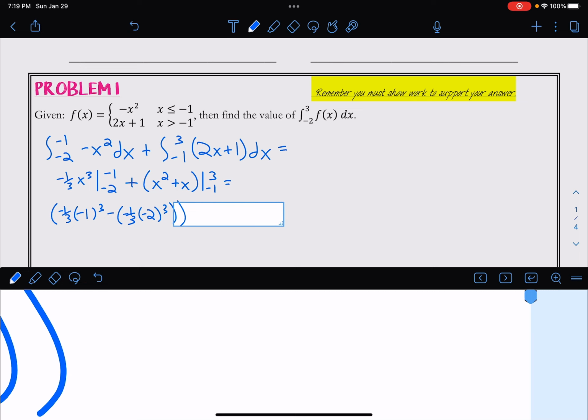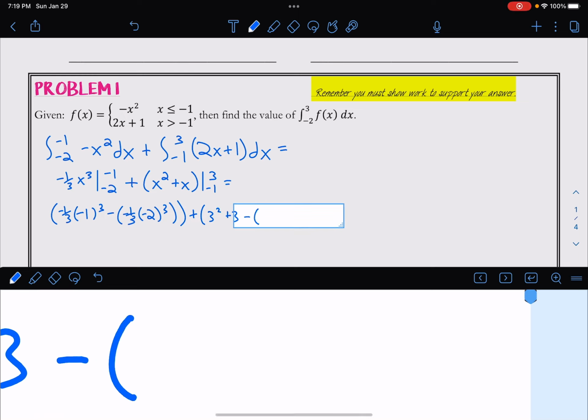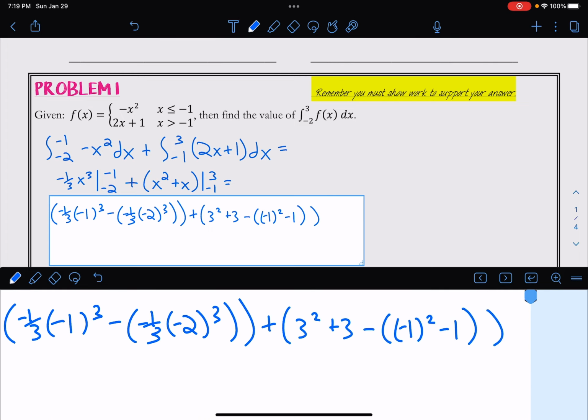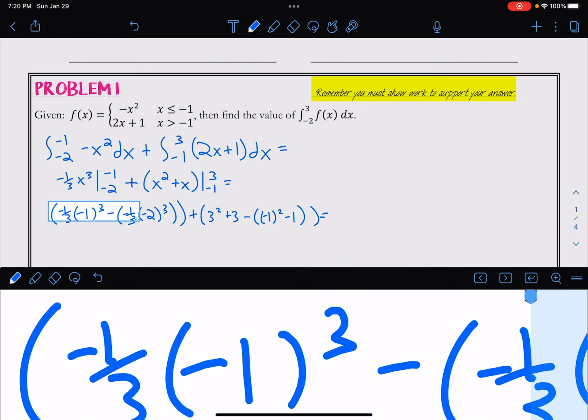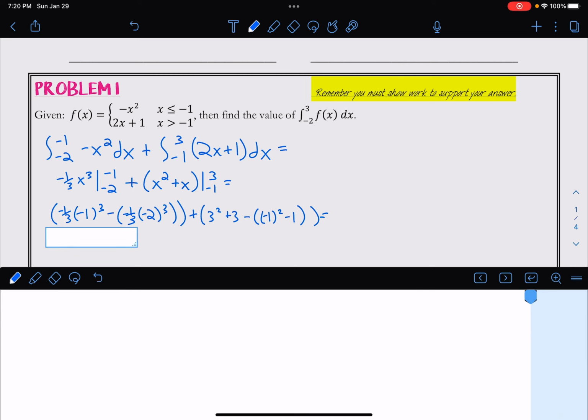And then the second part, plus 3 squared plus 3, minus quantity negative 1 squared plus a negative 1. I'm just going to write minus 1. Let's evaluate all of this. Negative 1 cubed times another negative will be positive 1/3.